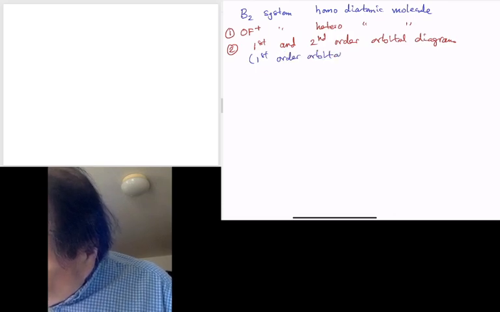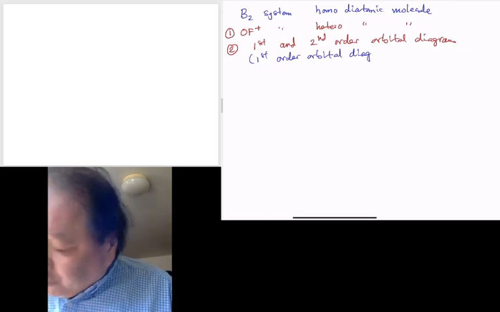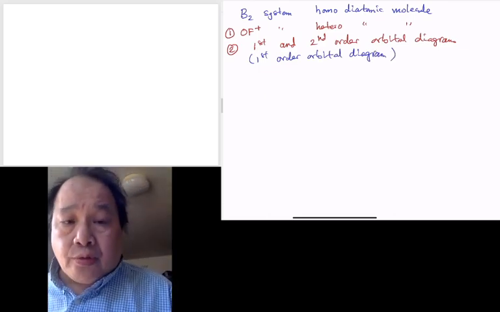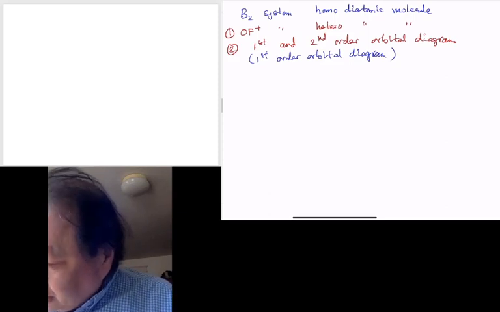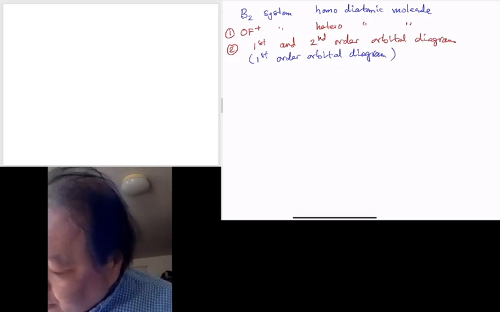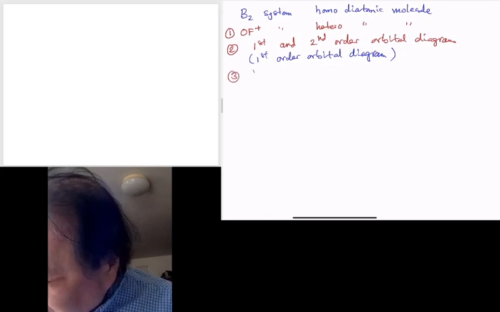So this first order orbital diagram will be a springboard for OF+, but it will be a springboard also for second order orbital diagrams. And third, we're going to look at the overarching principle, the variational principle.